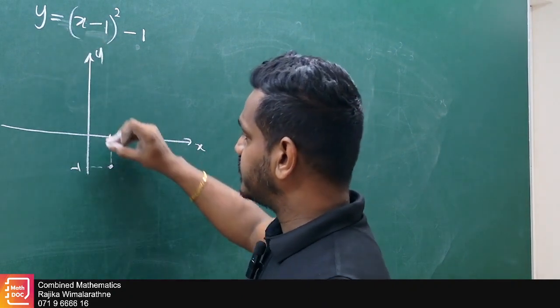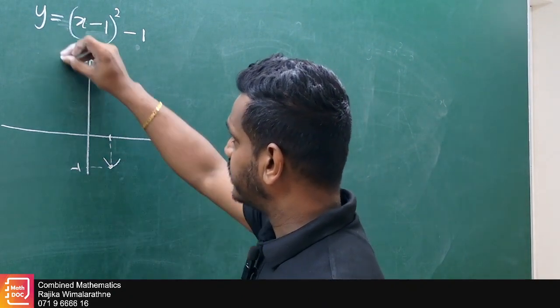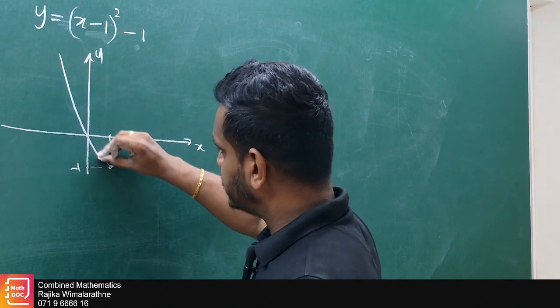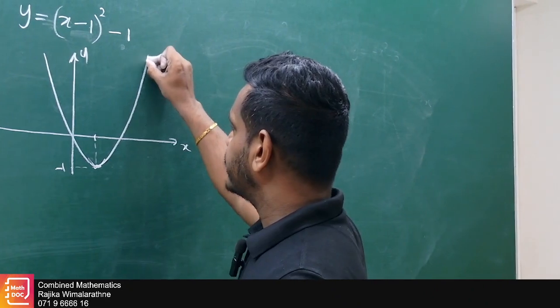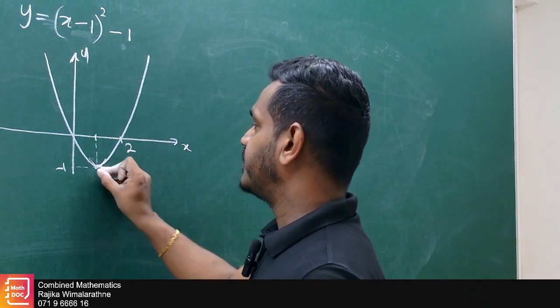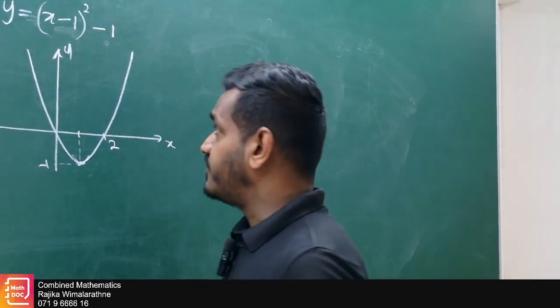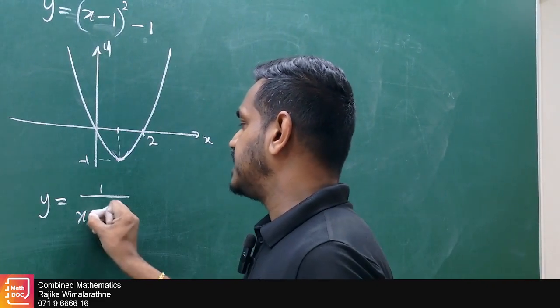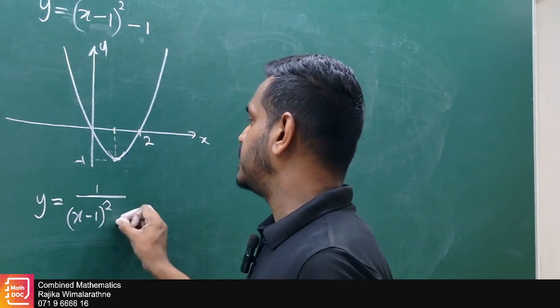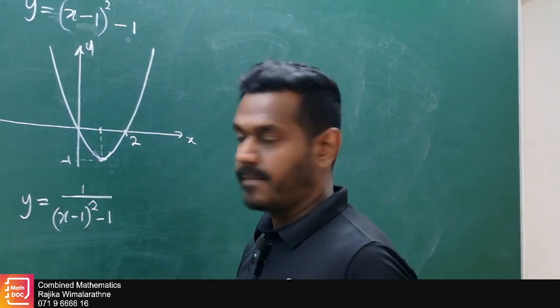So leading term positive, minimum shape. Now here the quadratic function, this intercept will be 2. Here 1.